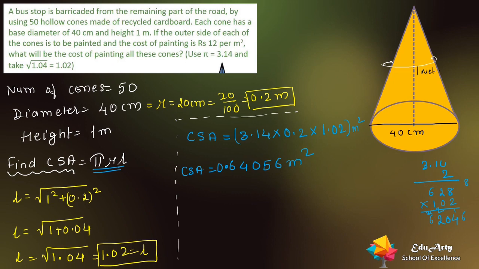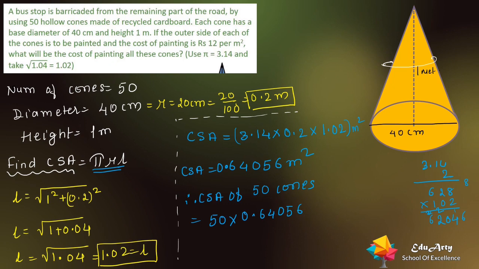So therefore we have to find out the curved surface area of 50 cones. So CSA of 50 cones is equal to 50 multiplied by 0.64056. Correct.